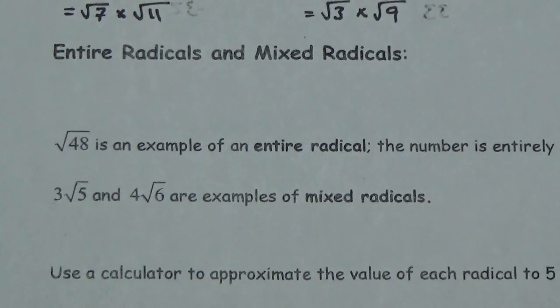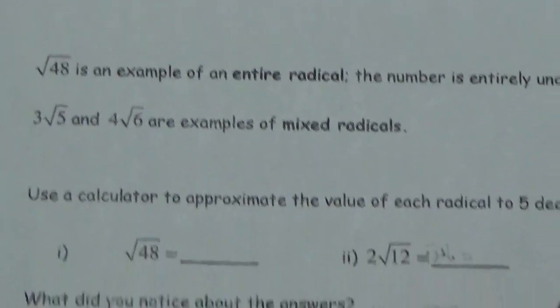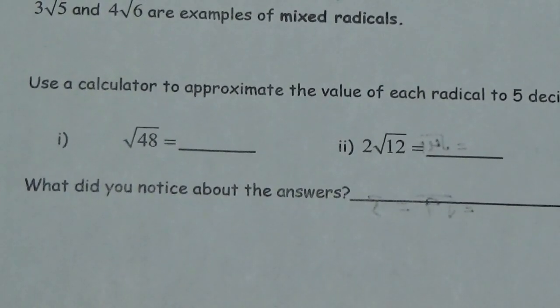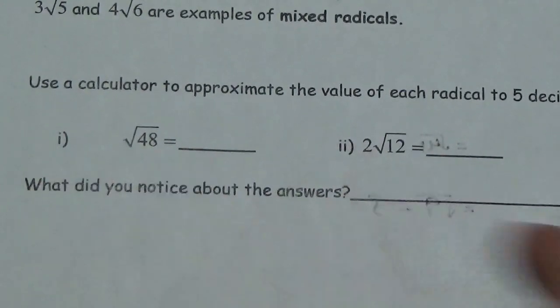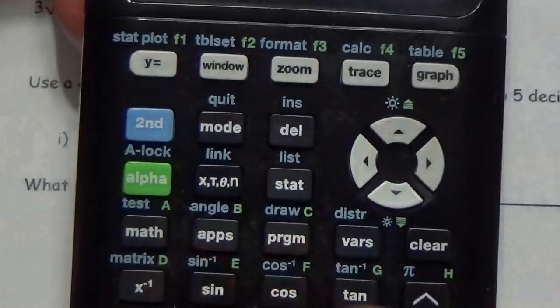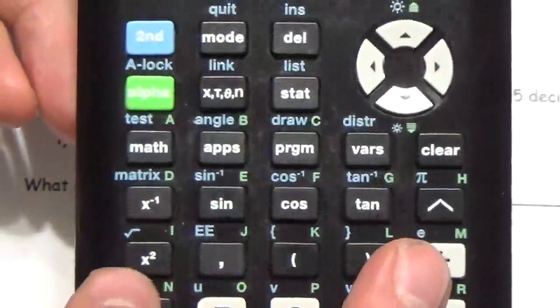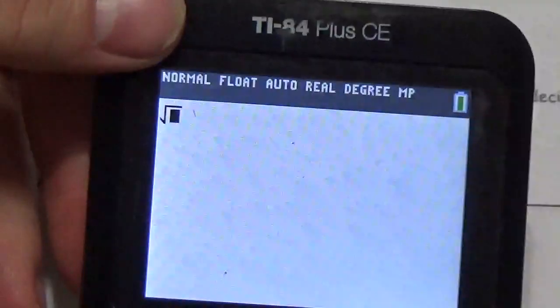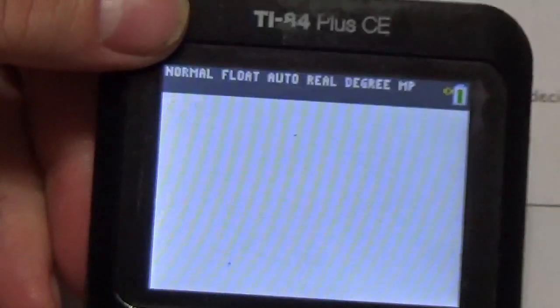So now we're going to start to give you some tools for doing some manipulation with radicals, but we want you to see how this works first. So I'm going to use a calculator to evaluate what each of these radicals are. First of all, root 48. Second, x squared to get my square root symbol, and then 48.